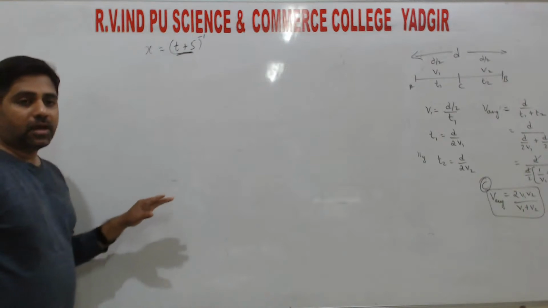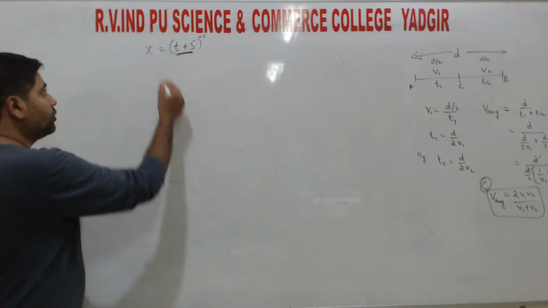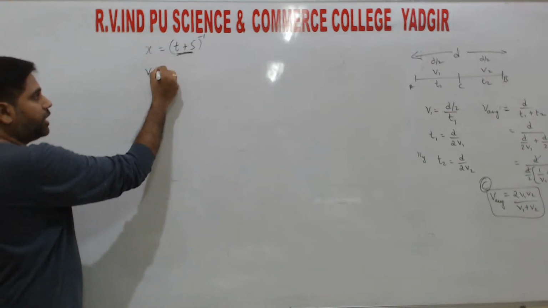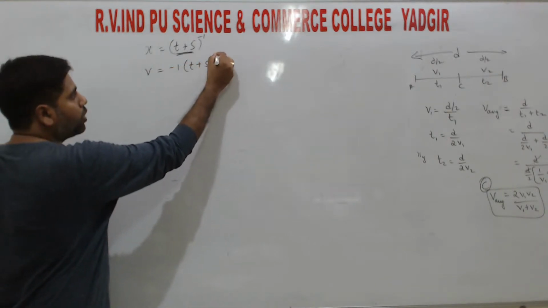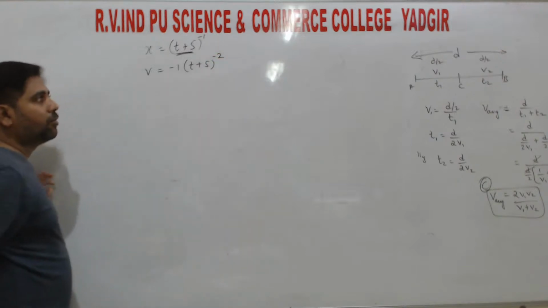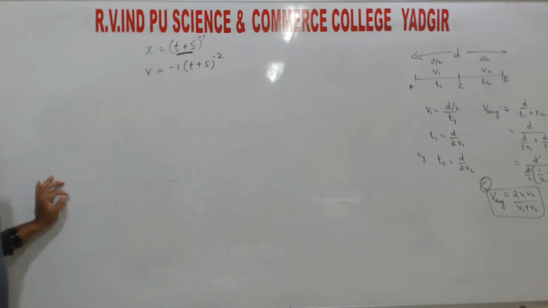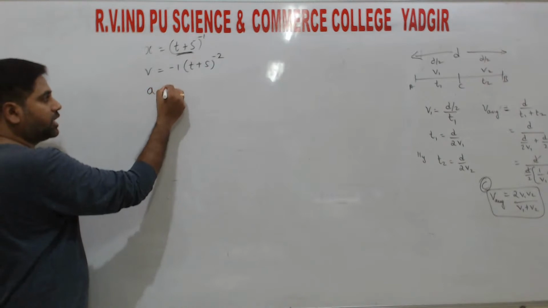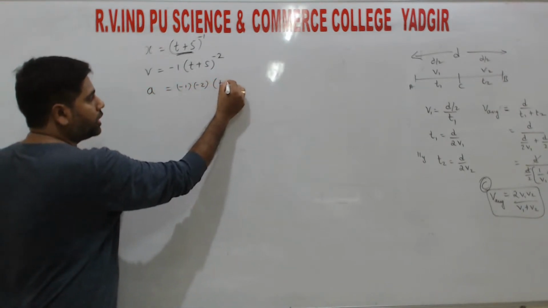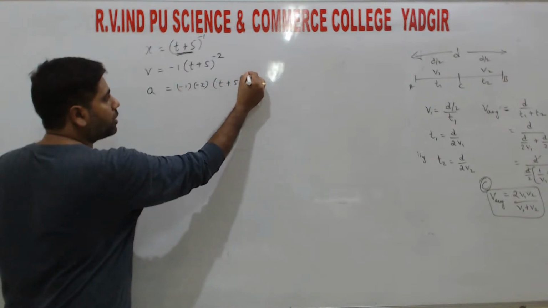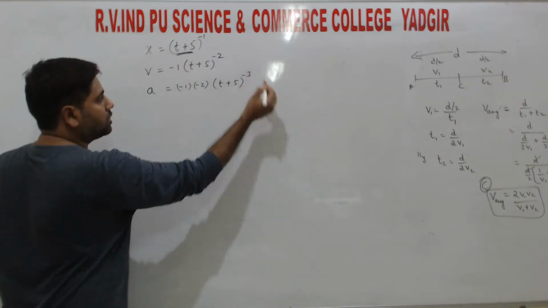So we need to find the acceleration. First, velocity v is equal to minus 1 into t plus 5 whole power minus 2. If we differentiate velocity again, we get the acceleration: minus 1 into minus 2 into t plus 5 whole power minus 3.